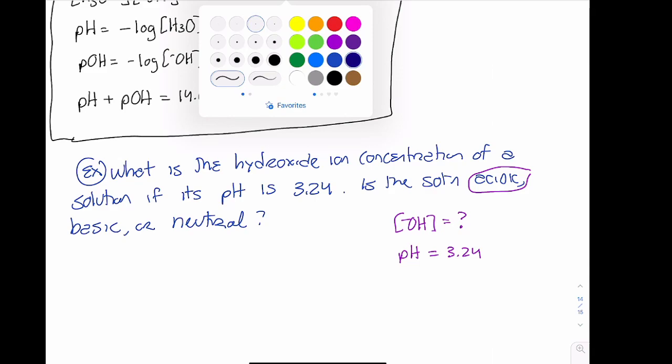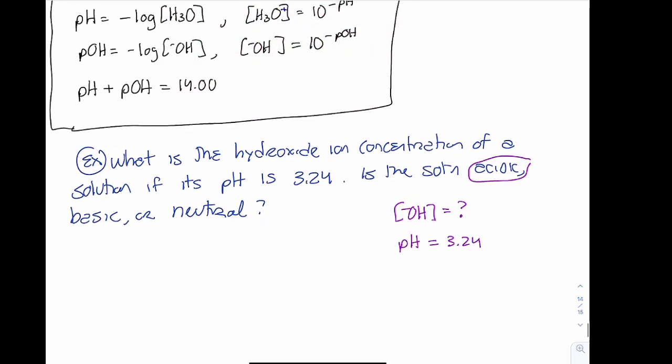So the way I'm going to choose to do it, I know that 14.00 minus my pH is going to be equal to my pOH. So calculator, you could probably do that one without a calculator.